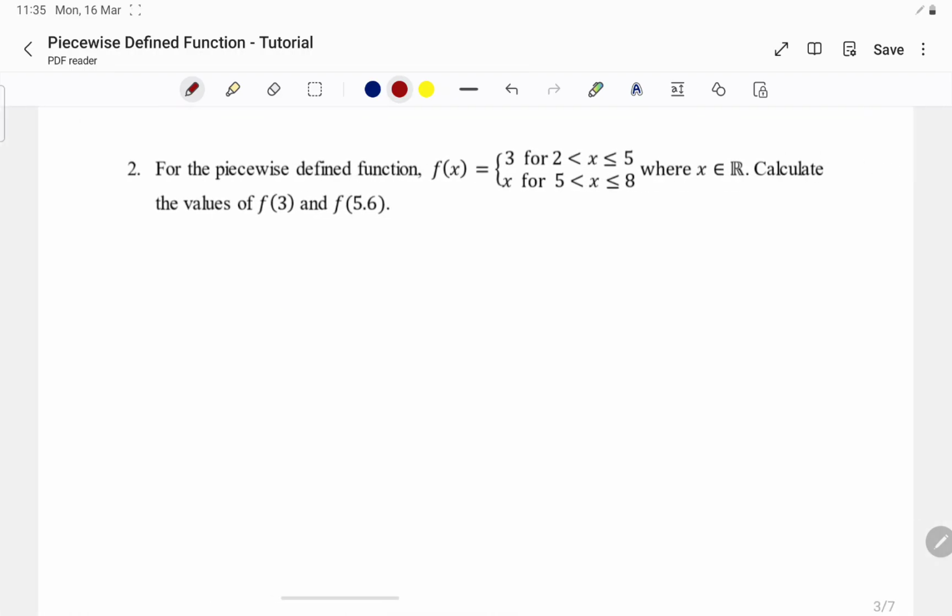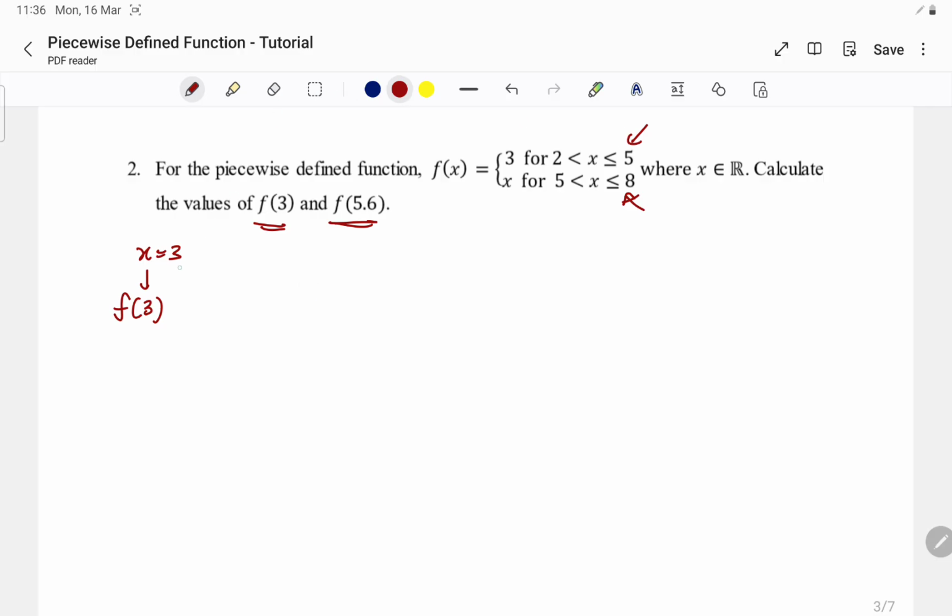So we go through question 2. For the piecewise defined function f(x) equal to 3 for 2 until 5, then x for 5 until 8, where x belongs to the real numbers, they ask us to calculate f(3) and also f(5.6). For f(3), the value of x is equal to 3. We should check which range x = 3 is inside.